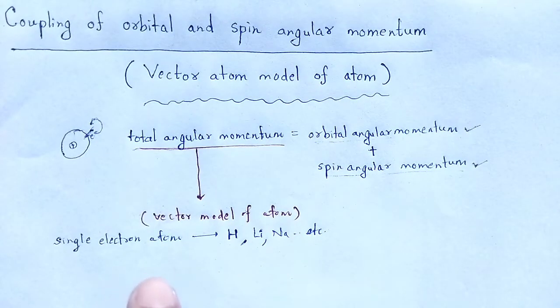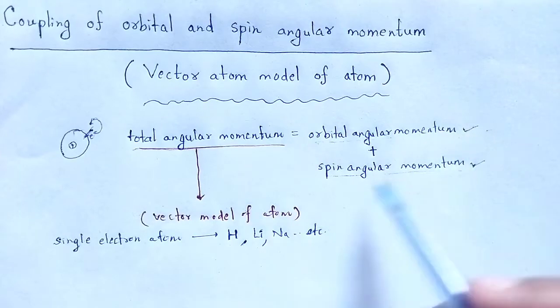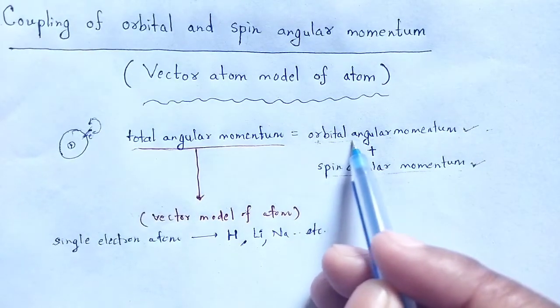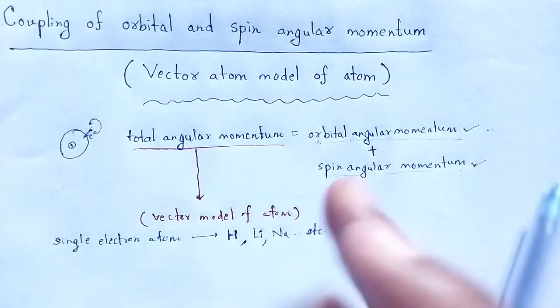Total angular momentum is the sum of orbital angular momentum and spin angular momentum. Let us define first orbital angular momentum, then spin angular momentum, finally its resultant.